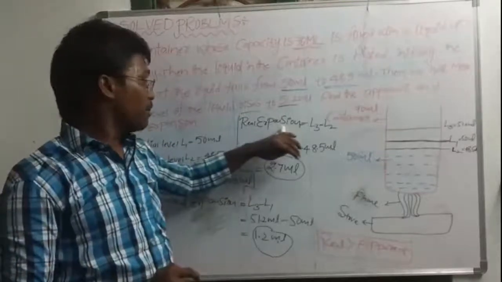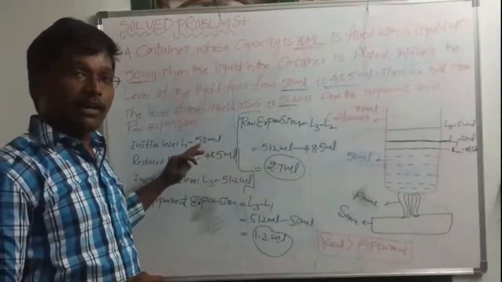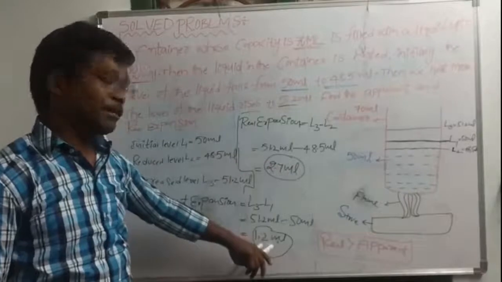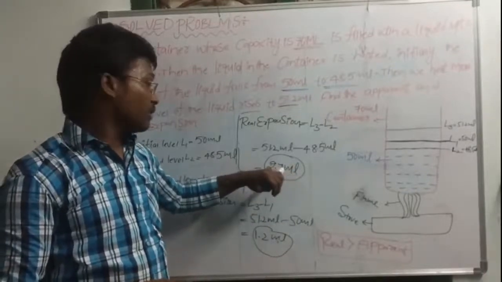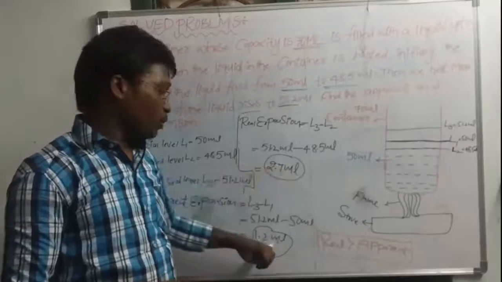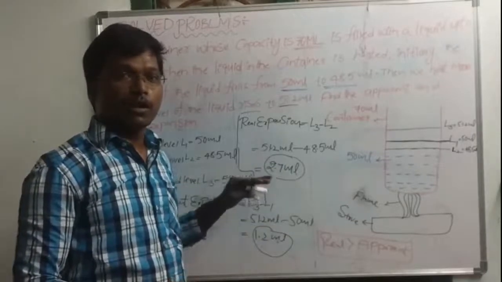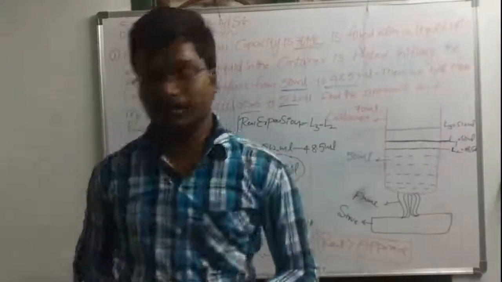I simply took the formula. From the given data, I have the values, so I simply substituted and found the values. I found 2.7 is the real expansion, 1.2 is the apparent expansion. So which is more? Real expansion is more compared to apparent expansion. Okay.